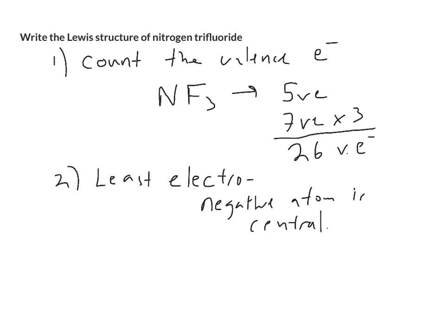Now in this instance, fluorine, if you look at the previous slide, forms one bond normally for it to be neutral. But if you didn't know that, if you remember your electronegativity trends, nitrogen is less electronegative than fluorine. And you draw a single bond from the central atom to the other atoms.